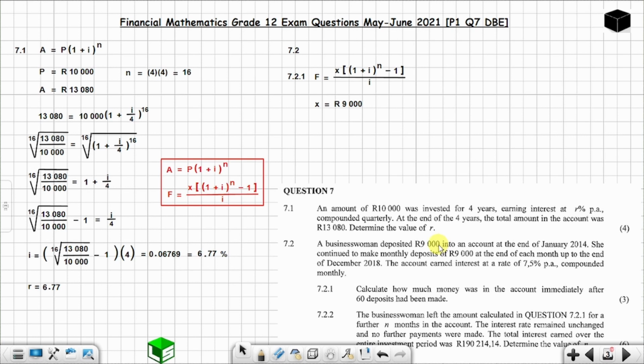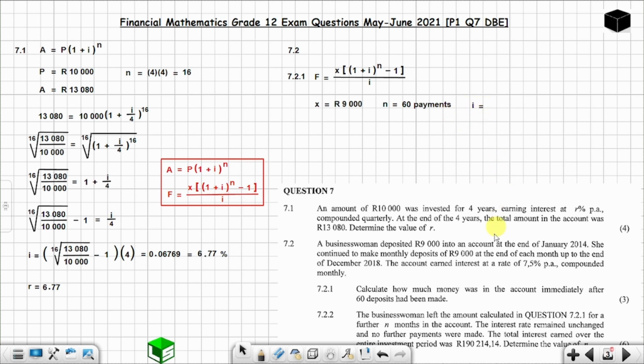And N, the number of payments: you are told that 60 deposits had been made. So you understand that you have 60 payments. Okay, N is equal to 60 payments, right? 60 deposits had been made. So 60 payments.